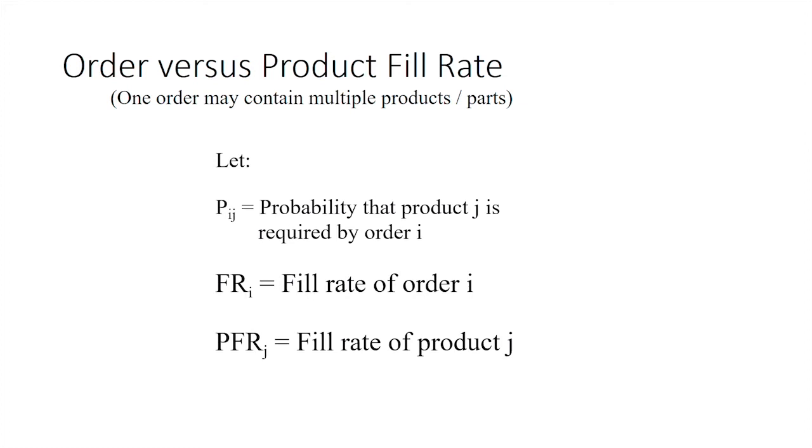And please be careful, when you are talking about FRi, it is the order fill rate, and PFRj is the product fill rate. And we can conclude and calculate the order fill rate by using this equation.